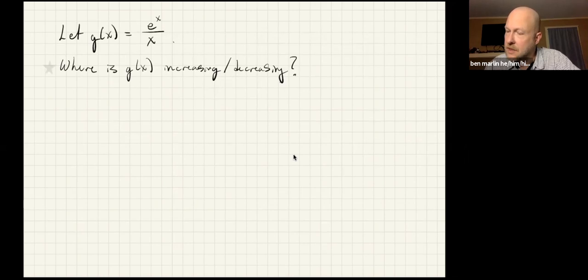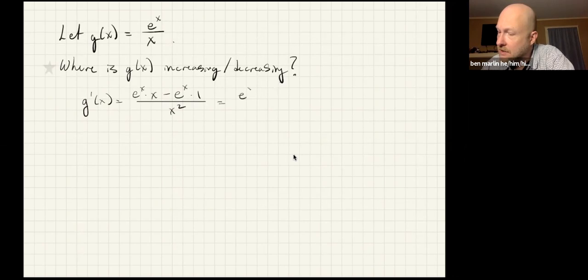So the g prime of x that we're going to talk about here, for our quotient rule, we'll say derivative of the top, that's e to the x, times the bottom, that's x, minus, now the top without a derivative, and then times the derivative of the bottom, so 1, divide that by the bottom squared. So that you can factor an e to the x out of and have x minus 1 and x squared.